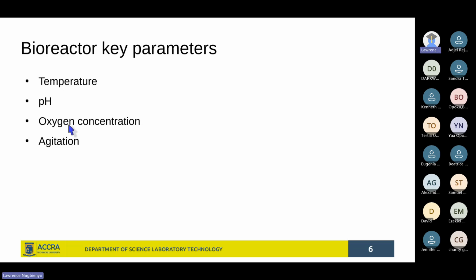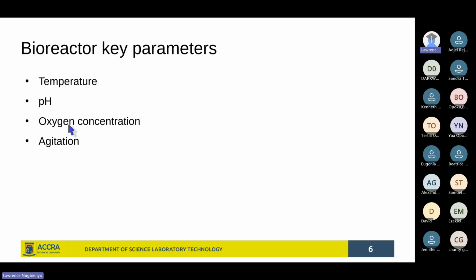Agitation, that is the mixing of the reaction mixture. So there should be the speed of the rotary, where you have a certain revolution per minute.